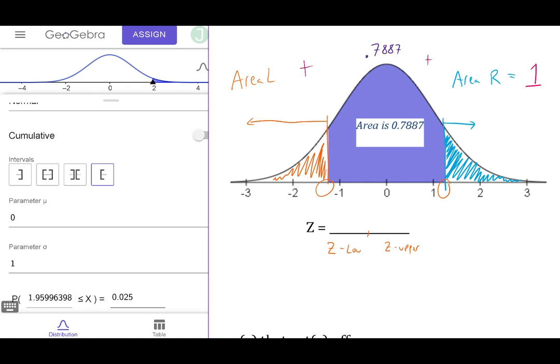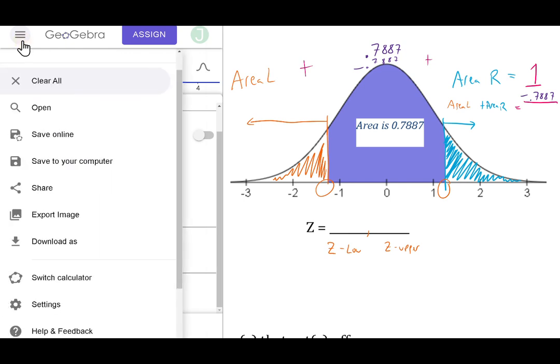If we wanted to do a little bit of algebra, we could subtract 0.7887 from both sides. And we'll see that the left area plus the right area should equal whatever 1 minus 0.7887 is.